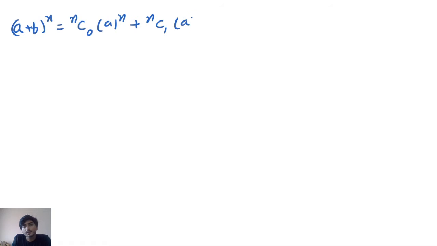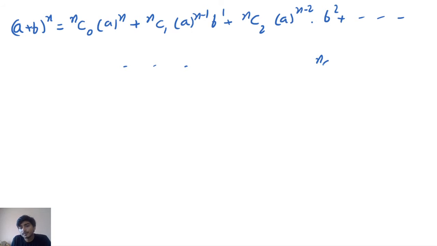Then nC1 a to power n minus 1 b to power 1, plus nC2 a to power n minus 2 into b to power 2, and so on. The last term will be nCn, a to power n minus n, which becomes 0, and b to power n.